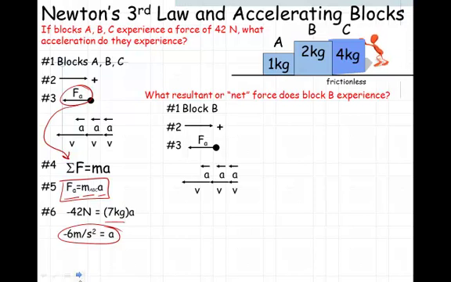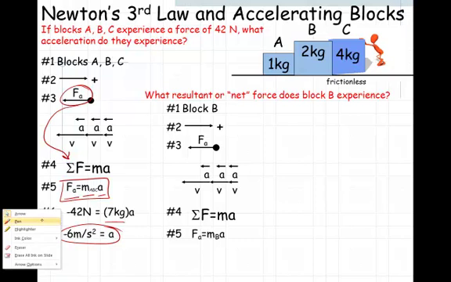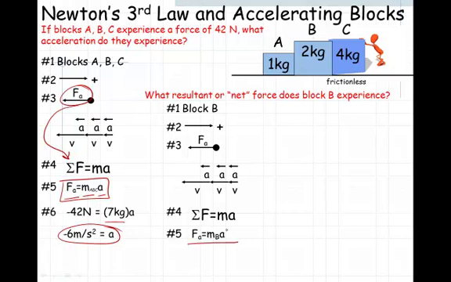Then we draw in the motion map, which turns out being the same, Newton's second law, and we plug our forces back into Newton's second law. However, this time we notice that we were only using block B. We know from the previous part that all of the blocks are experiencing an acceleration of negative 6 meters per second squared.